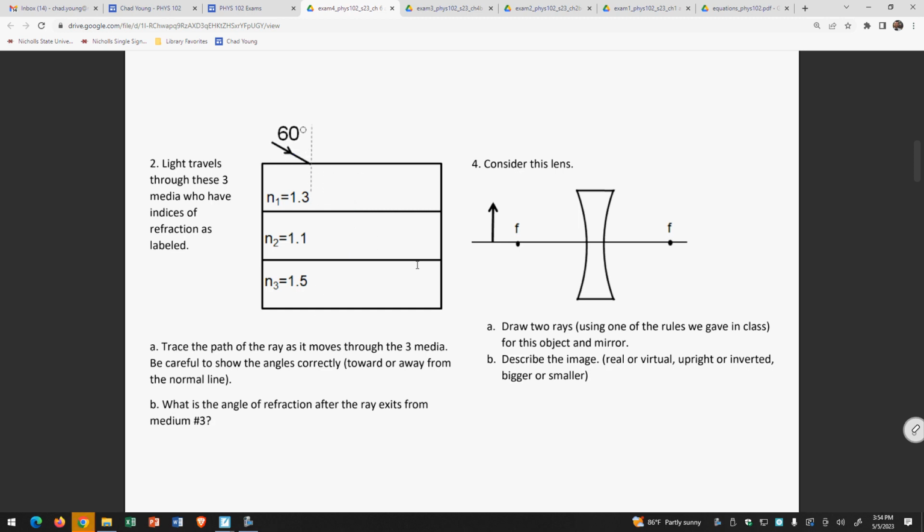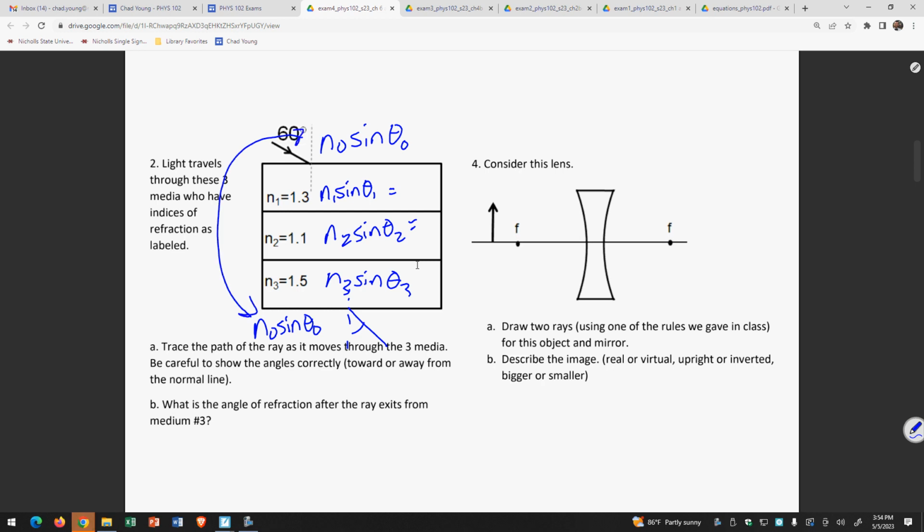But I know that n1 sine theta 1 is equal to n2 sine theta 2, which is equal to n3 sine theta 3. I could call this n0 sine theta 0, and I want to know what this angle is. Well, look, this is still n0 sine theta 0, and I could set these two equal to one another, but since the indices of refraction are the same, air is equal to 1.